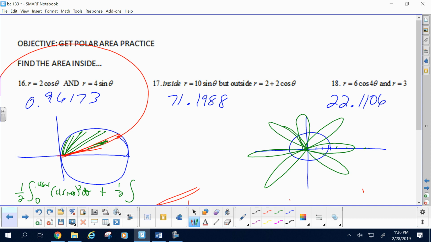Okay. What is it? Inside both, yeah? Oh, shucks. Okay, my bad. So these dots would be inside both.